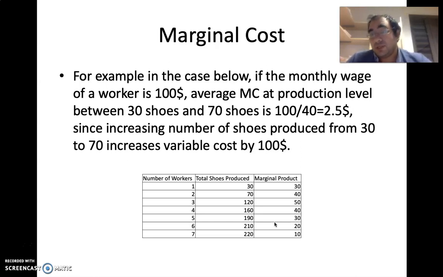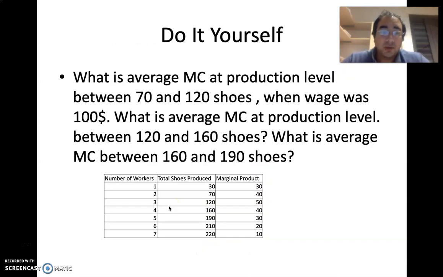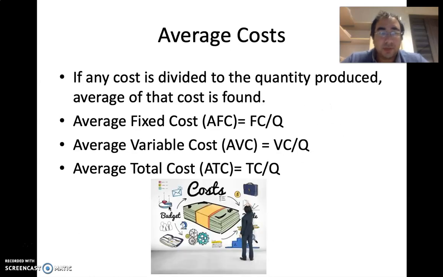At some point the amount of labor you need will be the minimum, and after that the amount of labor you will need for an additional TV will increase, and since the cost is the amount of labor times the cost, the cost you need for producing an additional TV has a U-shape, a shape of U, let's say. Okay, this is basically the story told that way.